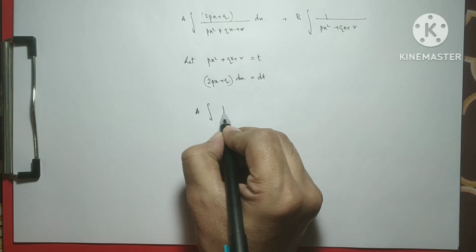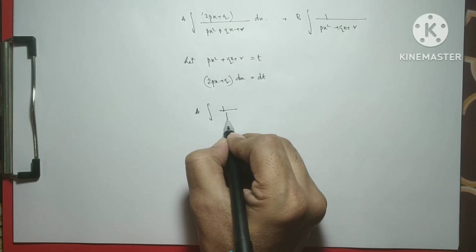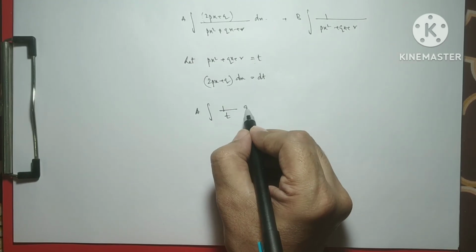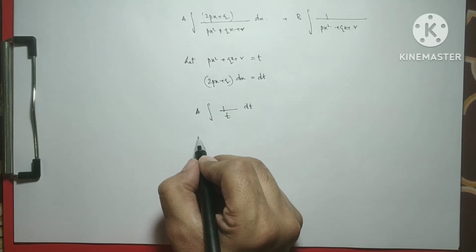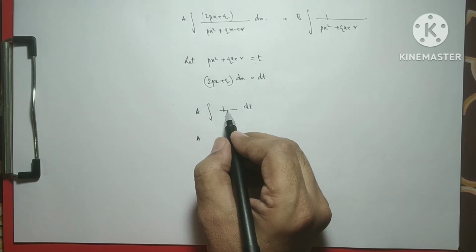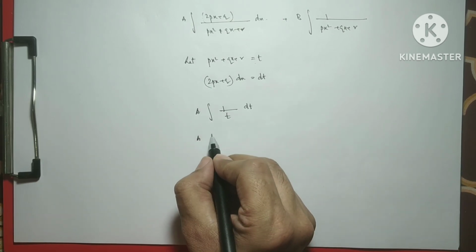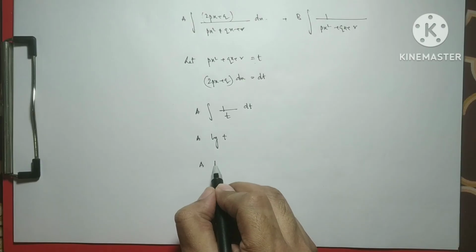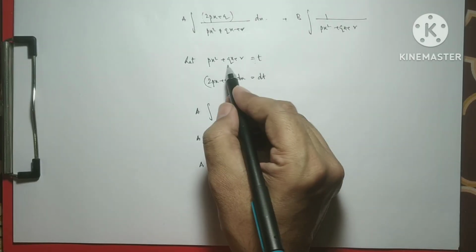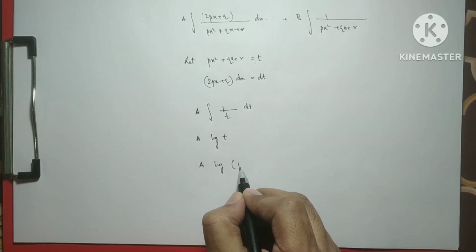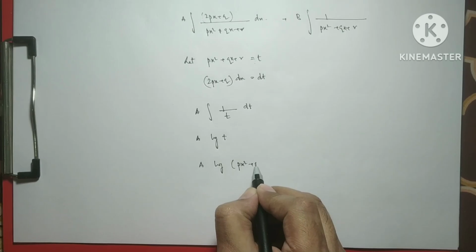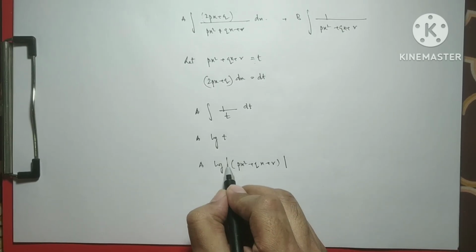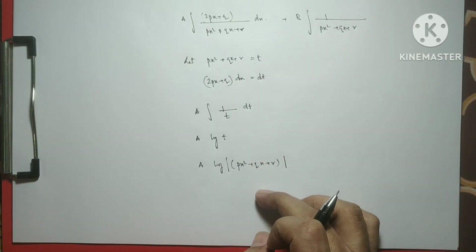It means this will be converted into 1 over t, because this is assumed as t and this is dt. And you know very well the integration of 1 over t dt is log t, and we get A log, where we substitute the value of t as px square plus qx plus r. So this is the integral of the first part.